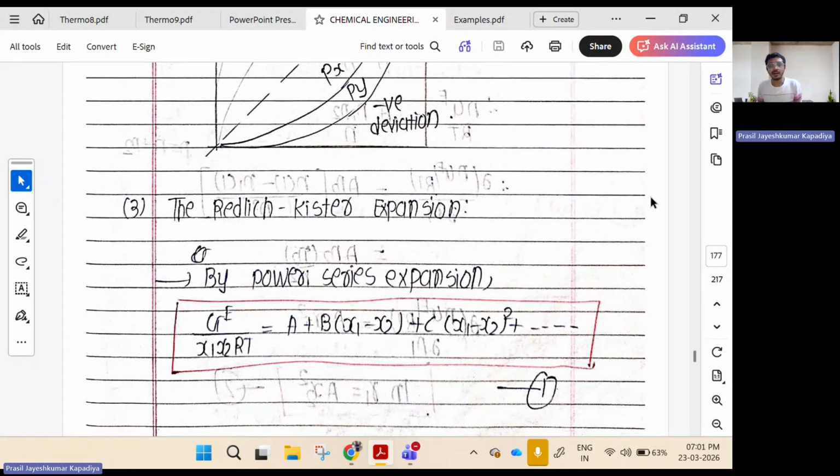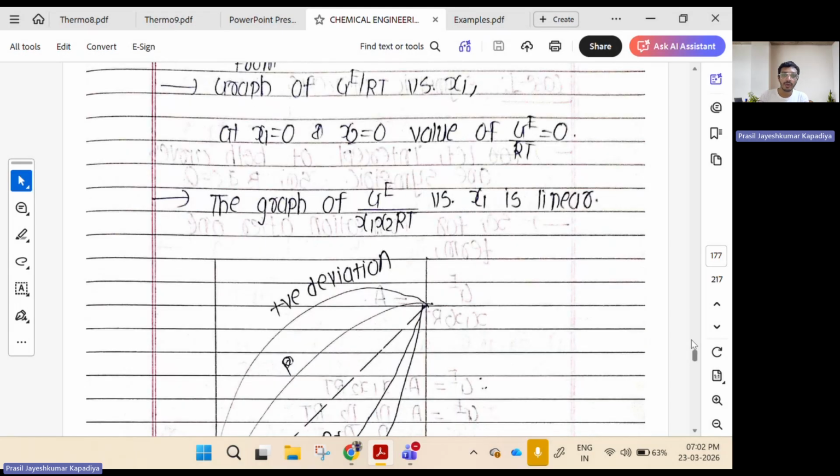So what did Redlich and Kister do? They did a power series expansion, and they wrote that GE by x1 x2 RT is A plus B into (x1 minus x2) plus C into (x1 minus x2) whole squared, and terms like that.